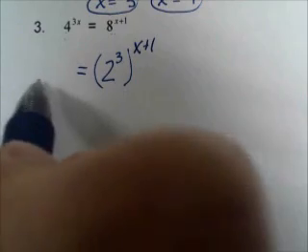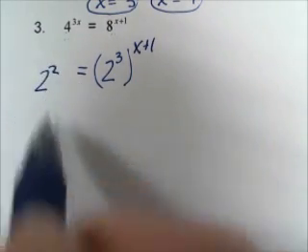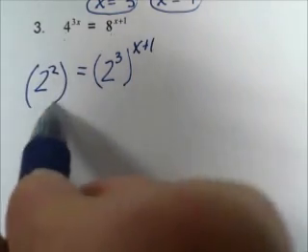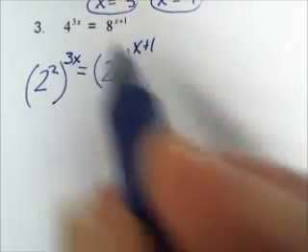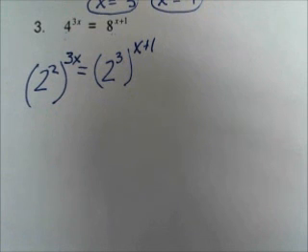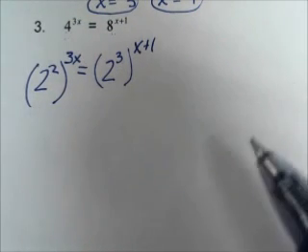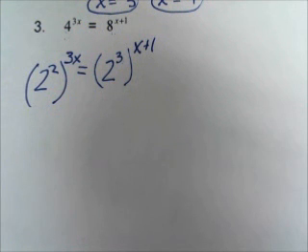And 4 can be expressed as 2 squared. And copy its exponent, 3x. Now, we have 2 squared raised to the 3x equals 2 to the 3rd raised to the x plus 1.